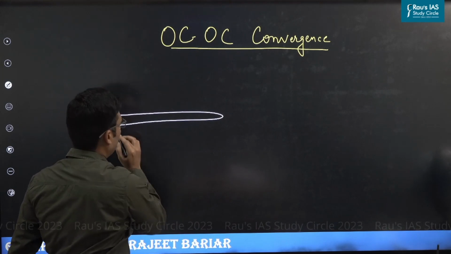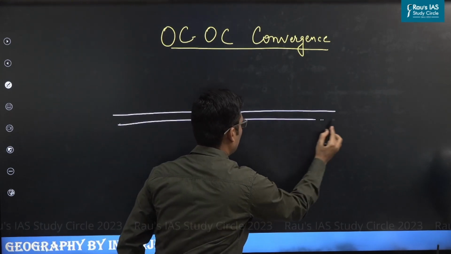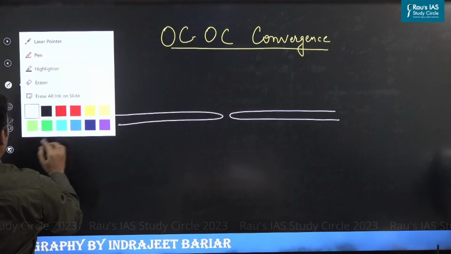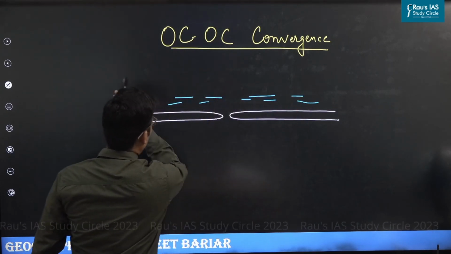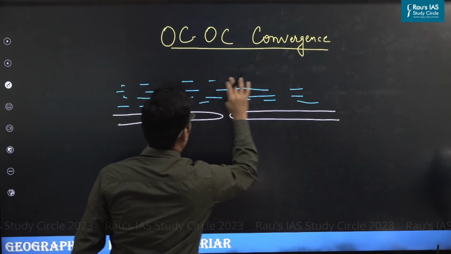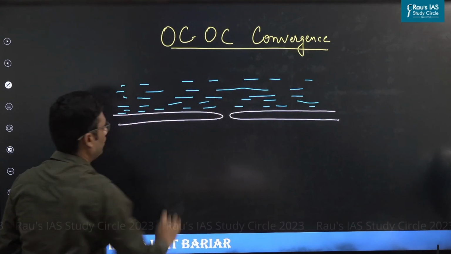Let's say there is one oceanic crust and there is another oceanic crust, and here we are assuming the oceanic portion.